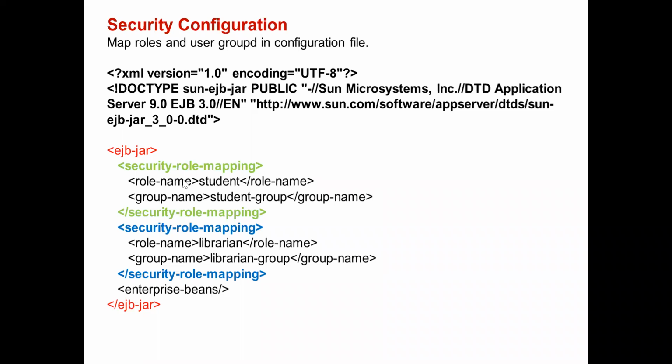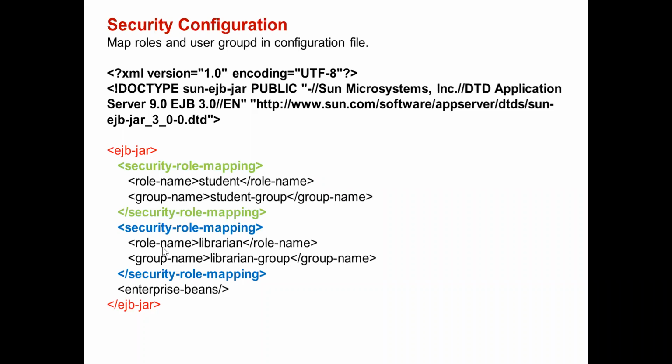In the security role mapping, I can declare one as the student and the student group. So it should be mapped in the security role mapping. And another one, I have taken one more security role mapping for the library and the library group. So these are the four attributes that will be declared in the two types of role mapping.